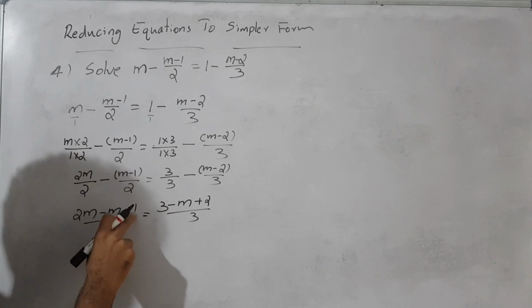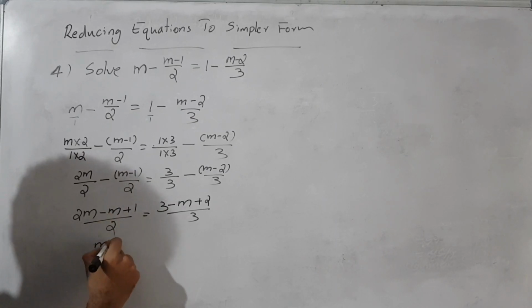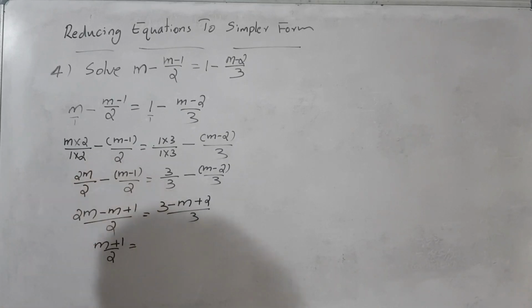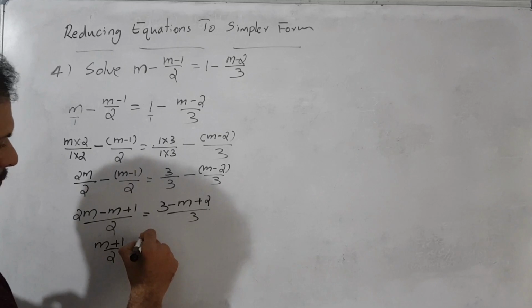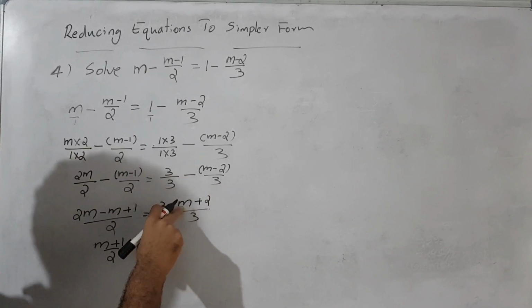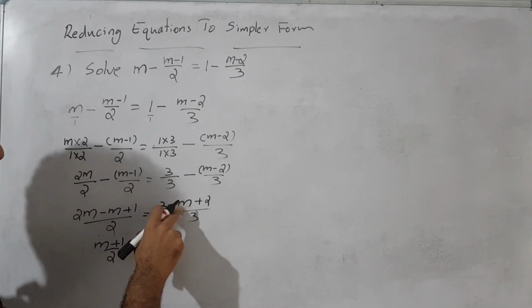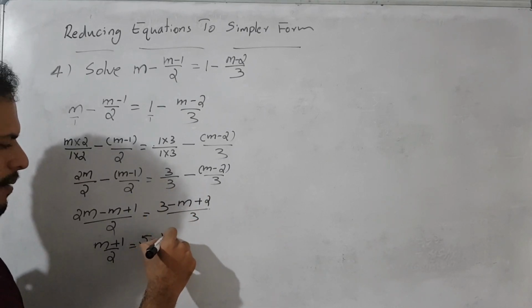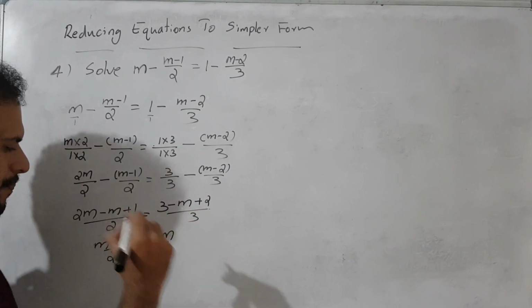Then there is no other number added to 1, so it is plus 1 by 2 is equal to 3 plus 2. What is 3 plus 2? It is 5. There is no other term of m, so it is not possible to subtract, then minus m remaining, minus m by 3.